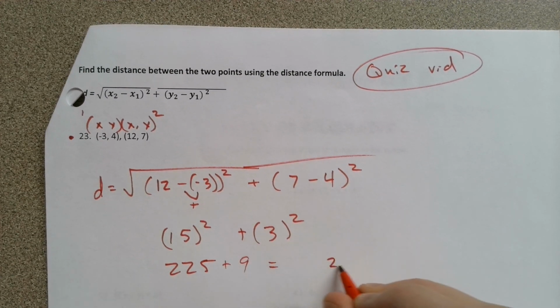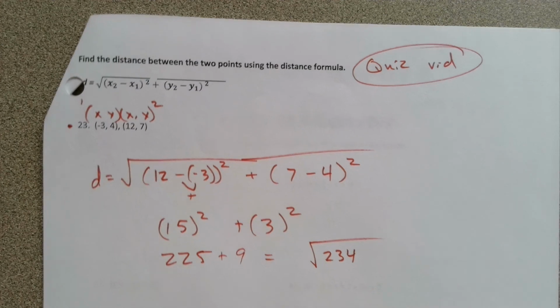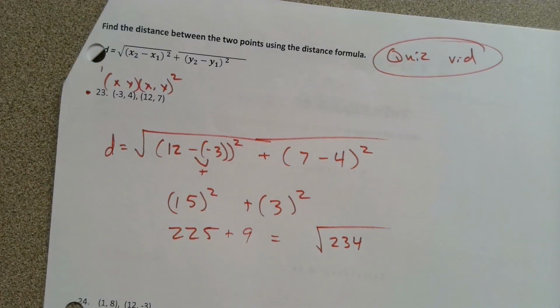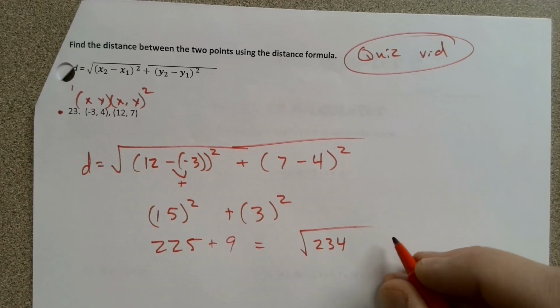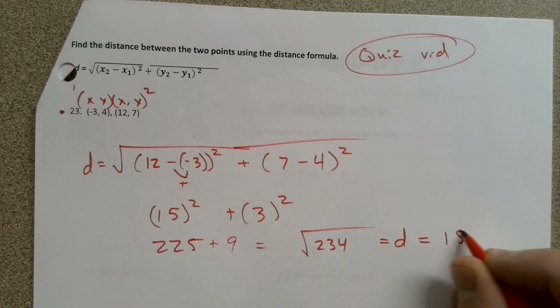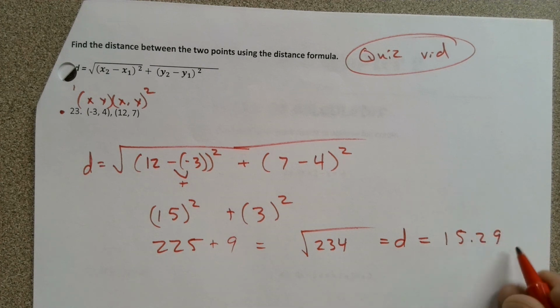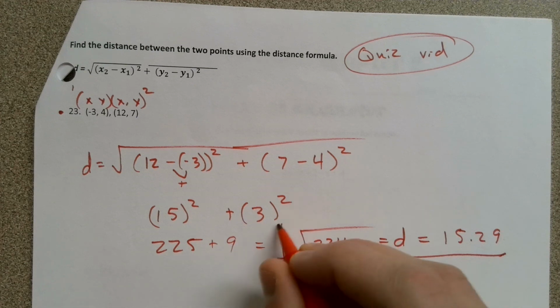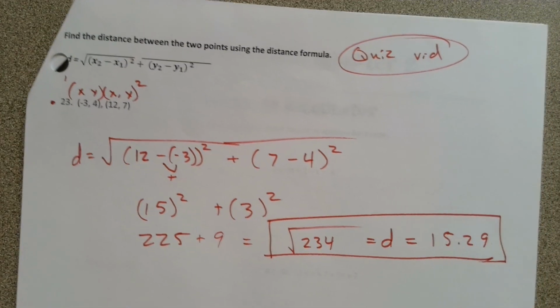Gets us to 234. That's all still square root. That's going to be what our D equals. It also is about 15.29. Done deal.